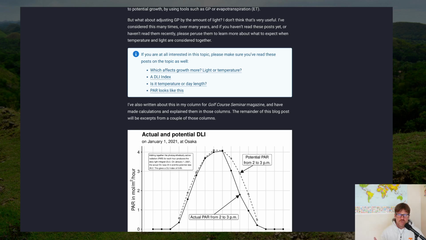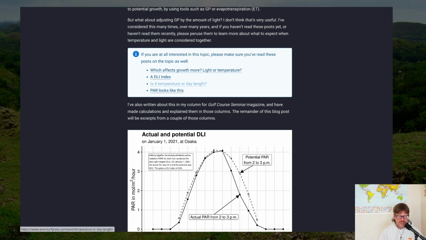And what I find is that temperature often is the controlling factor in how much the grass can grow, and the light usually is not. There's usually enough light.